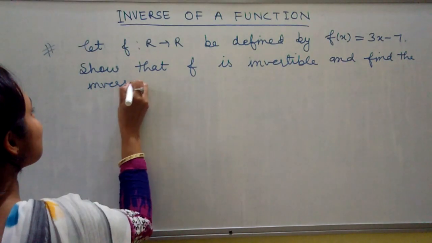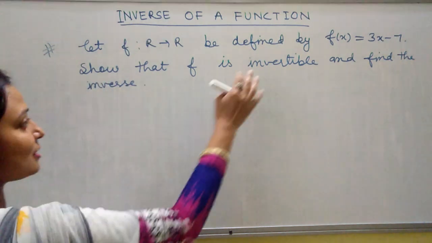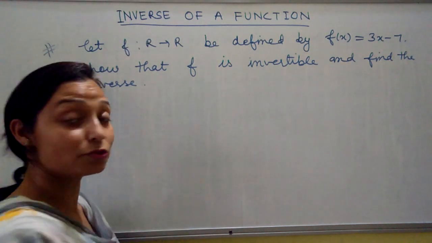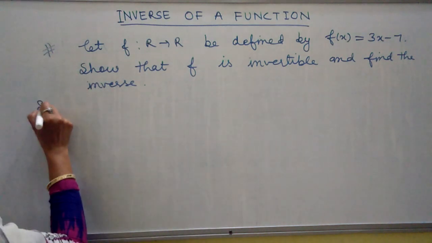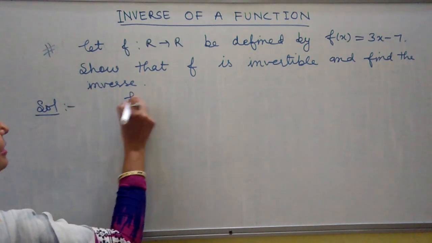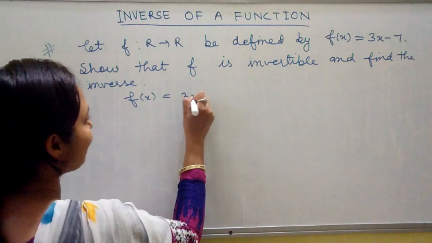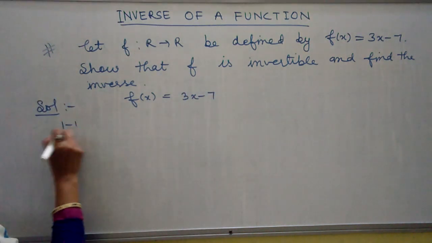Okay, inverse is only possible when it is 1-1 and onto. So let's do it. First of all, the function is given as 3x minus 7. I will do the question for 1-1.